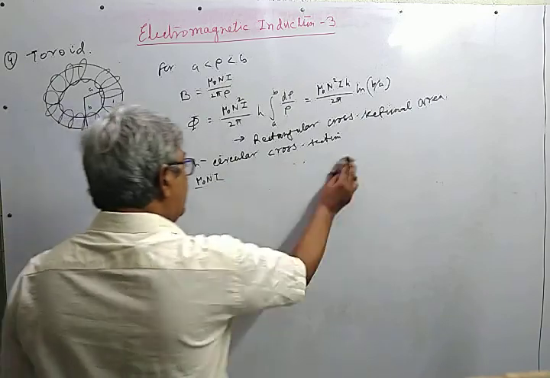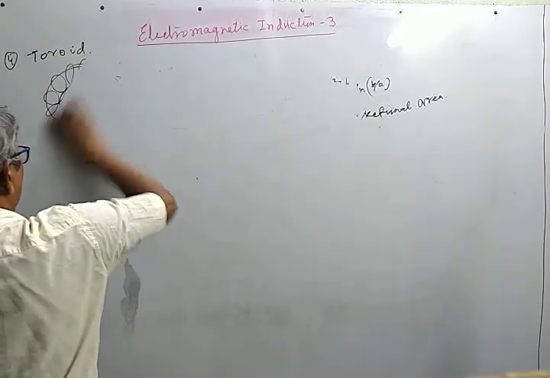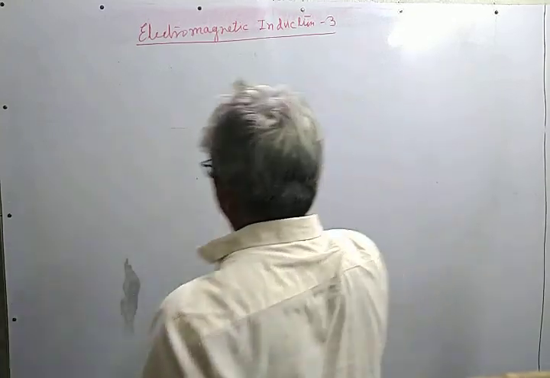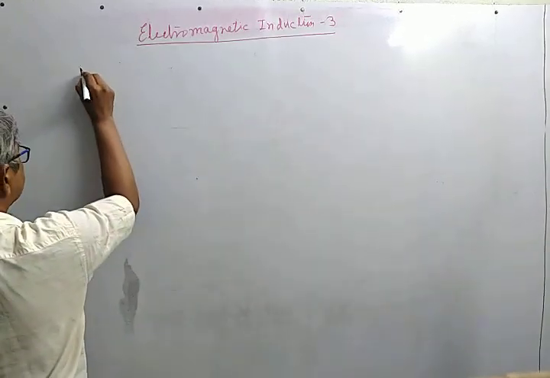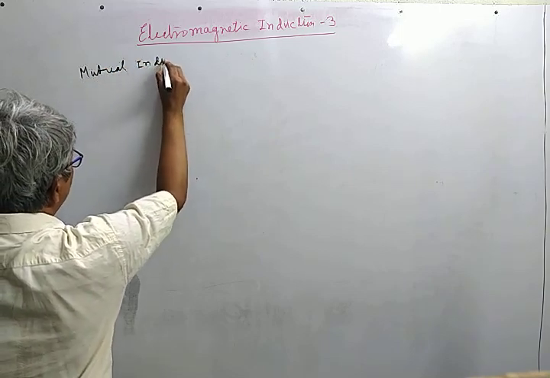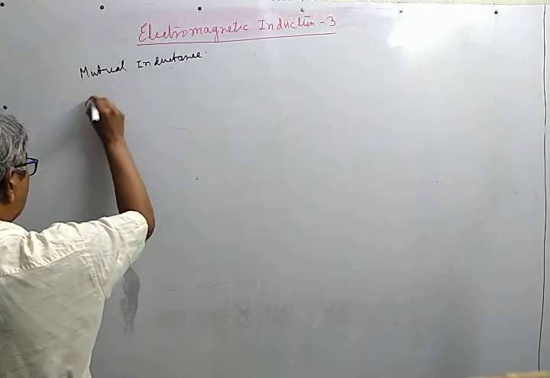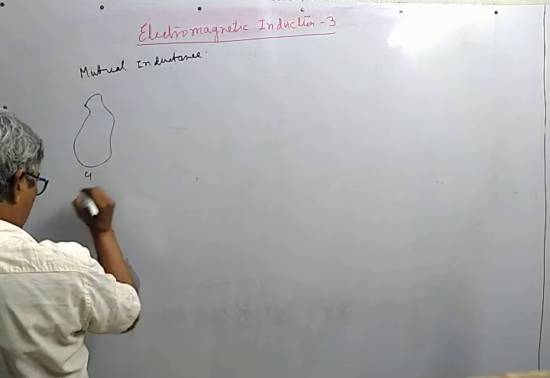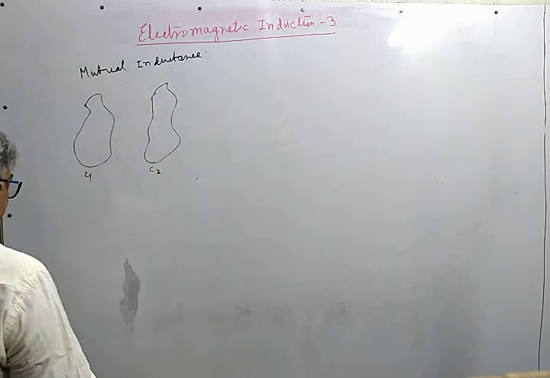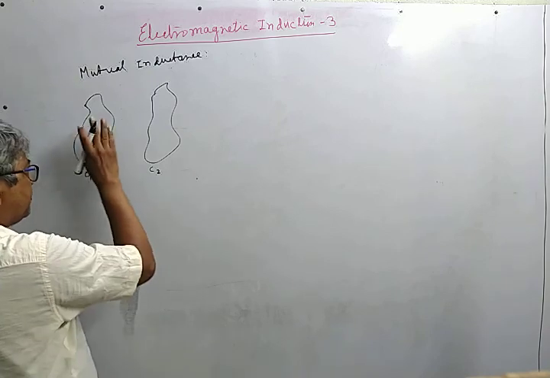Say, consider two coils, two closed loops. They are situated nearby, so that the mutual inductance arises. We consider one closed loop C1, another closed loop C2. If a current I1 flows through this, it will produce a magnetic field.